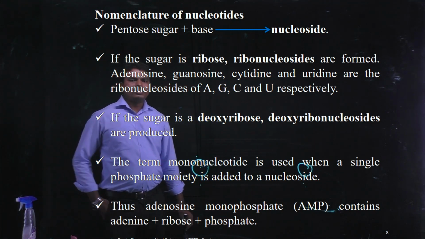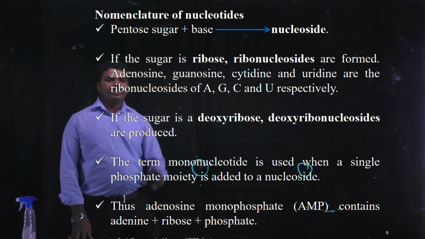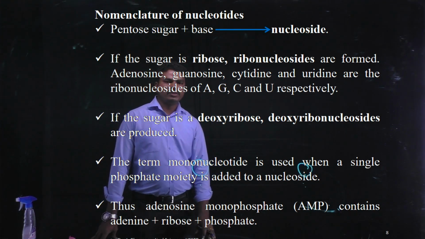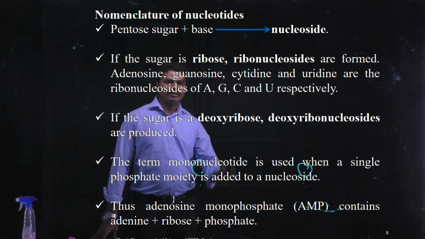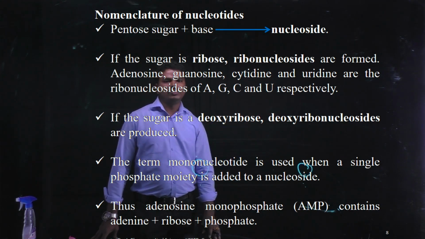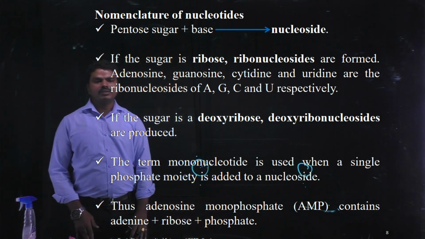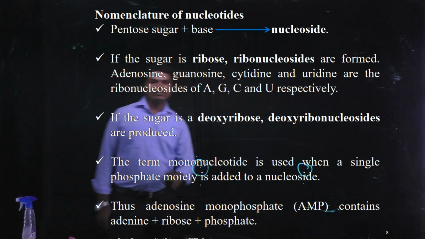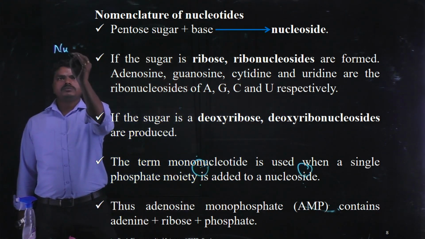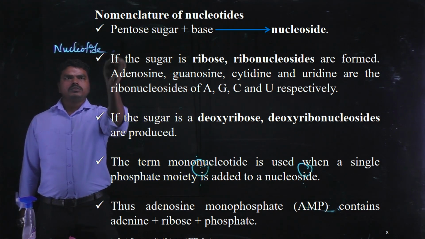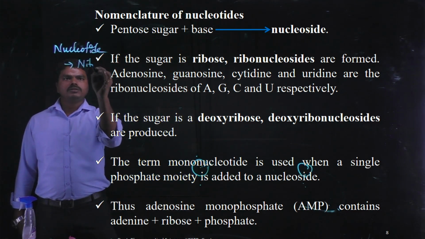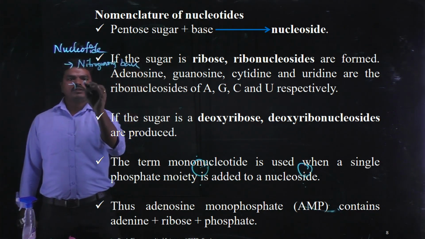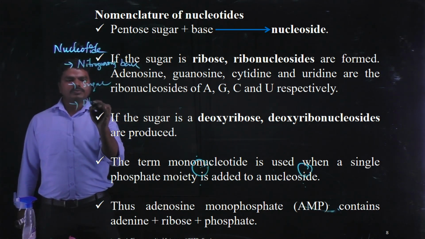Coming to the nomenclature of nucleotides, that means how the nucleotides are named. The pentose sugar and a nitrogenous base are combined to form the nucleoside. A nucleotide consists of a nitrogenous base, pentose sugar and phosphate.